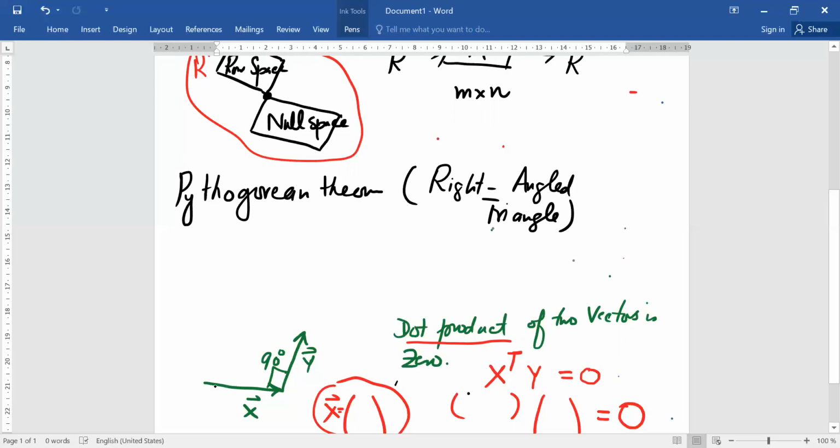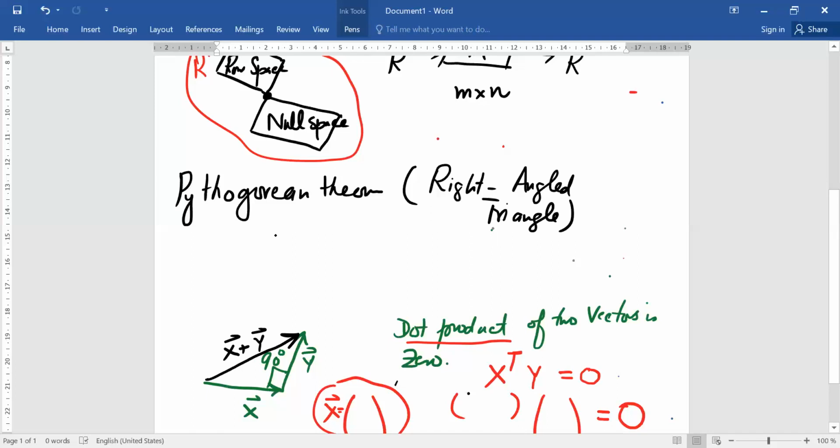x and y are orthogonal, and I'm going to put their resultant x plus y. So the resultant will go by the head-to-tail rule, from the tail of the first to the head of the next.